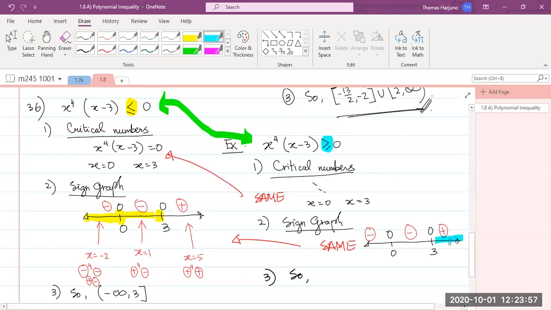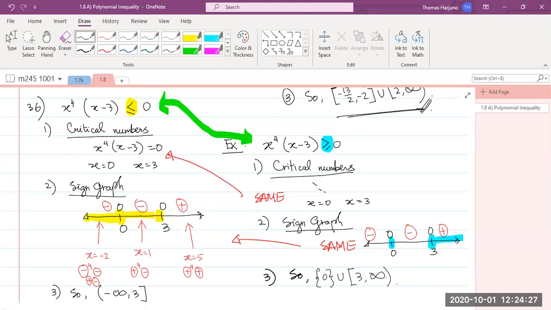But this is also 0. So positive part and 0 will be the point 0 union 3 to infinity.